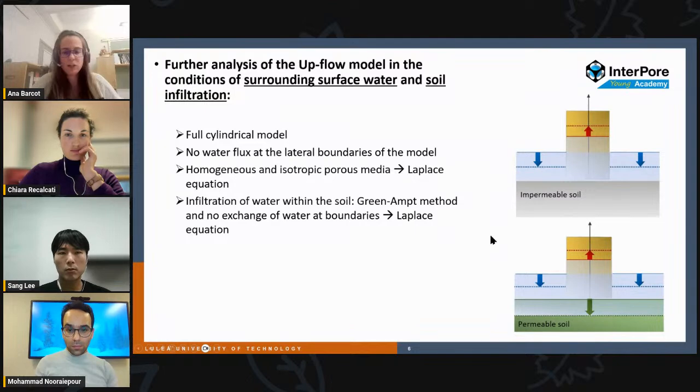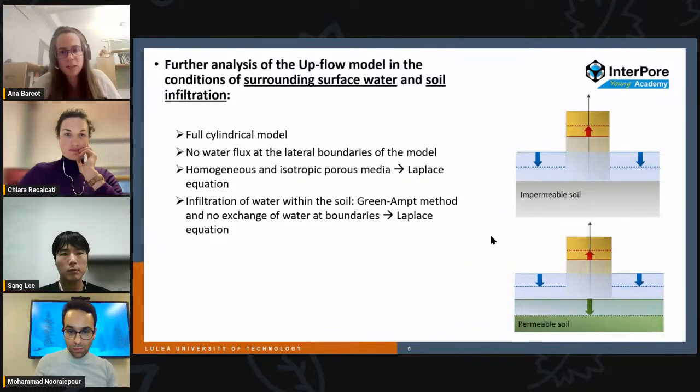Since we're also here including the infiltration of water into the soil, we take a Green-Ampt model, with a sharp wetting front, distinctly dividing the saturated from the unsaturated region.